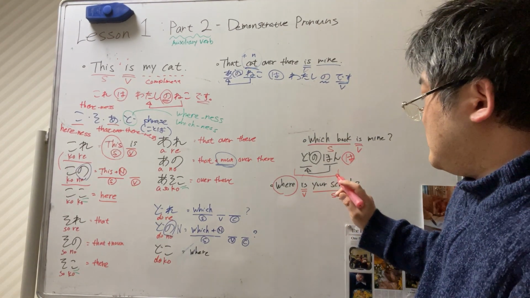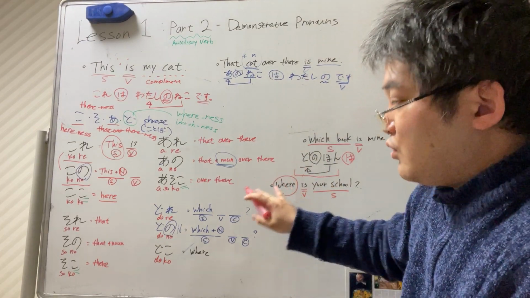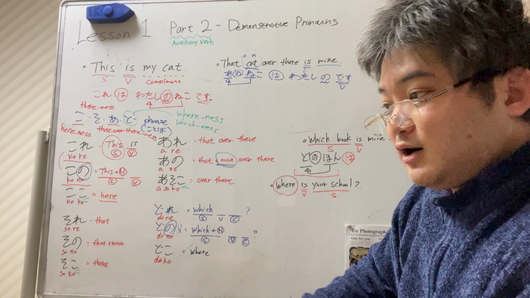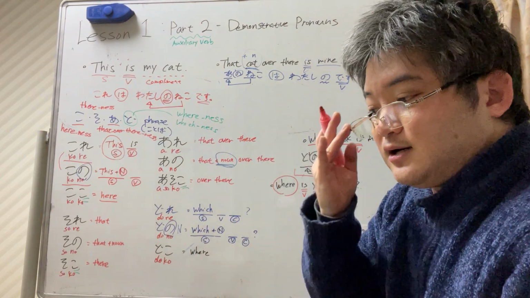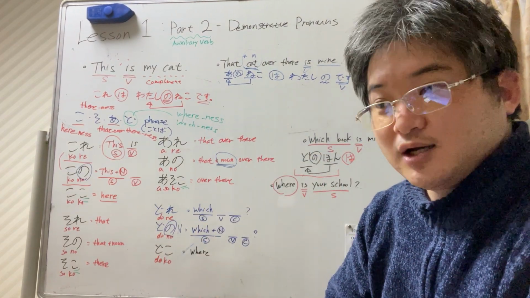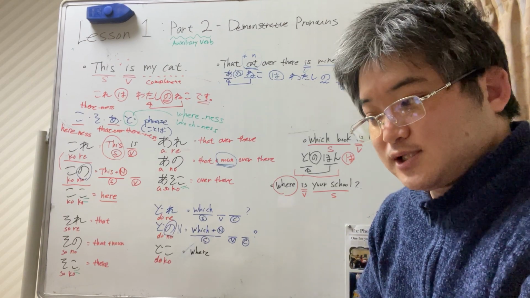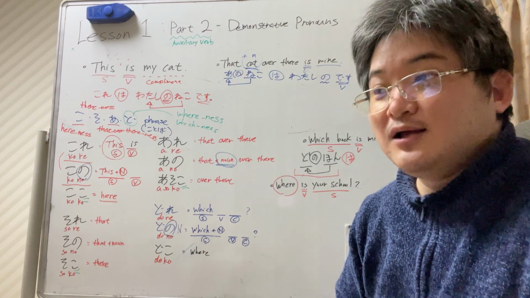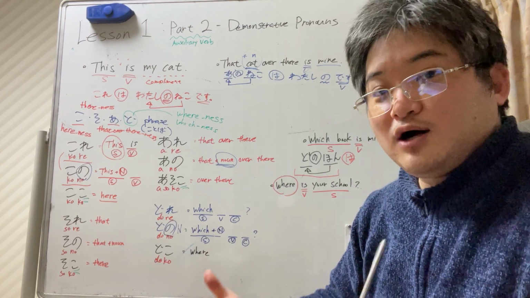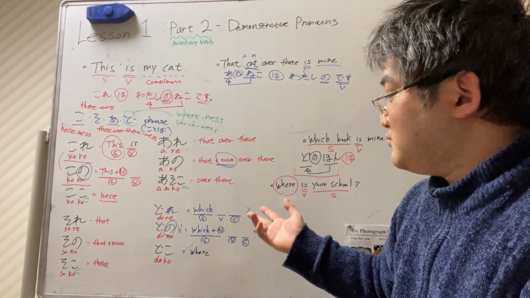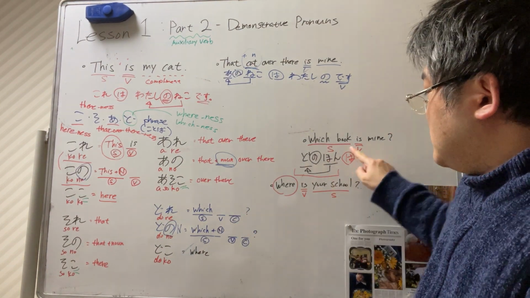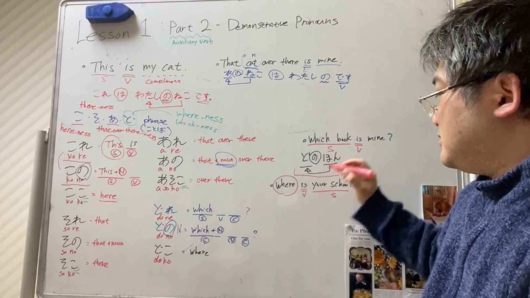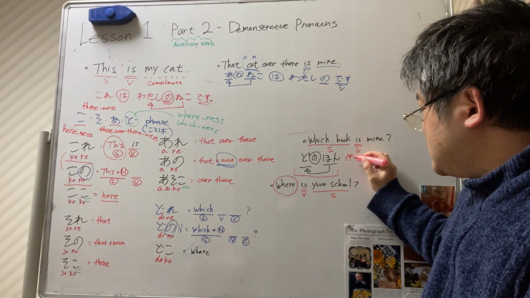But in case of do serving as a subject, in this case you're actually asking which one is my book. You want to emphasize which one is mine. Basically, you don't really know. You want to know the answer to the question. So an emphatic marker is used as a subject: the subject particle ga.